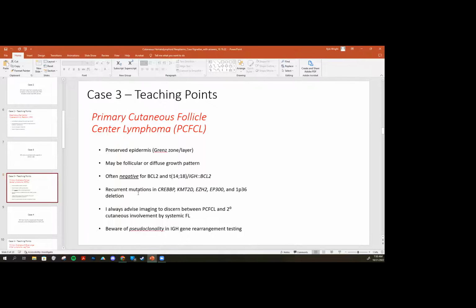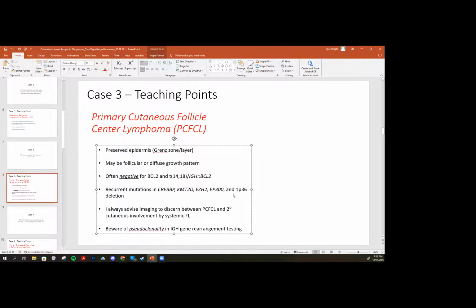Recent studies have described that there are actually other recurrent mutations in these cells, including CREBBP, KMT2D, the chromatin modifier EZH2, and EP300, as well as 1p36 deletions as another oncogenic mechanism outside of the t(14;18) translocation.